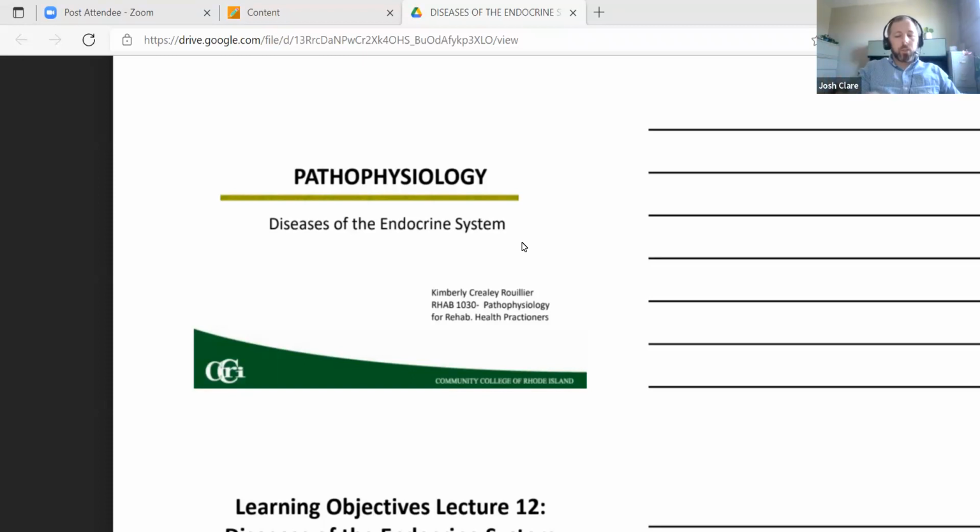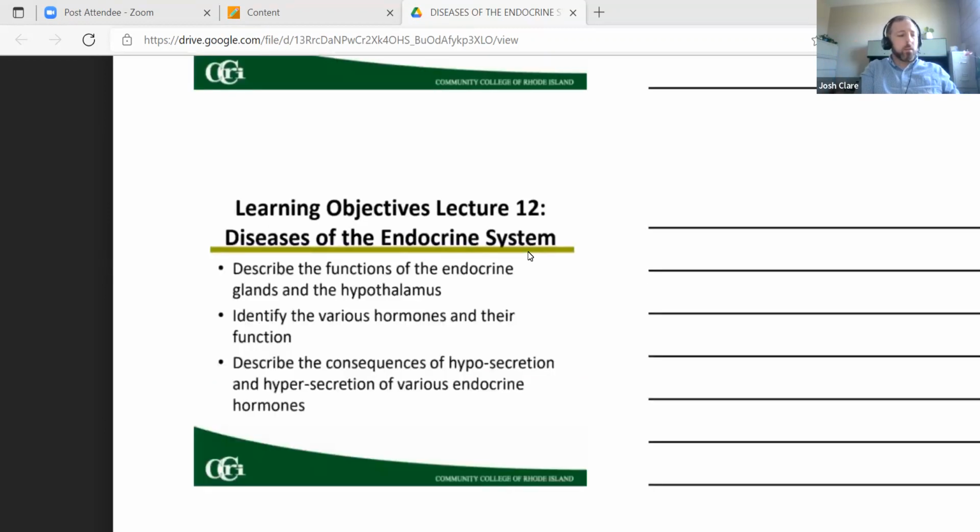So the checks and balances system of the endocrine system is really fascinating to me, but can be overwhelming. So I think that table 12-1 on page 265 really just makes it simple and puts it all in one area that we can learn it from. But I think it is pretty fascinating.